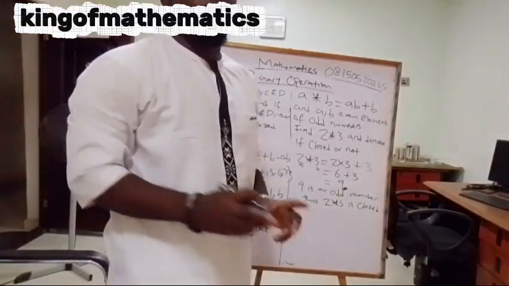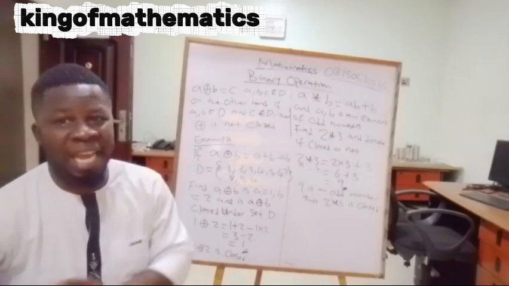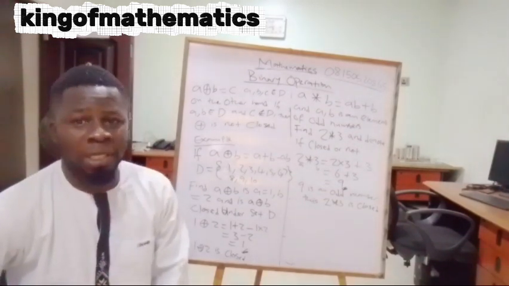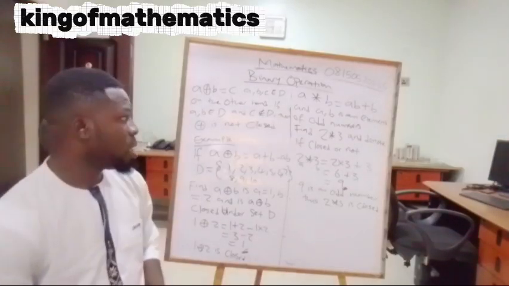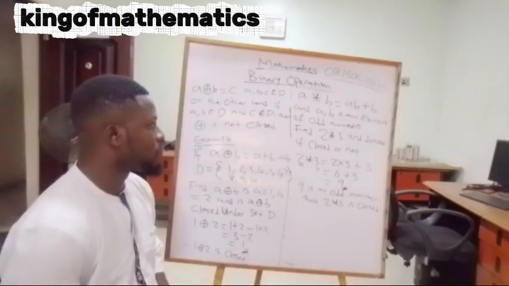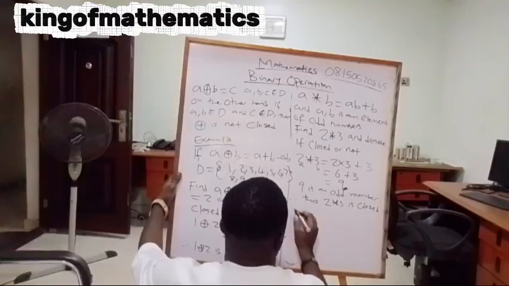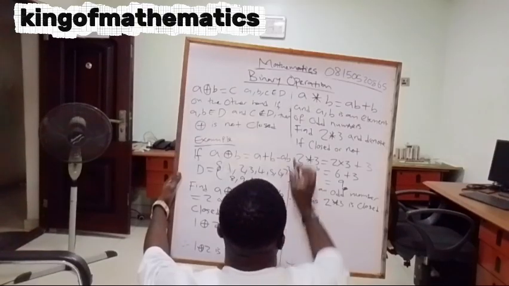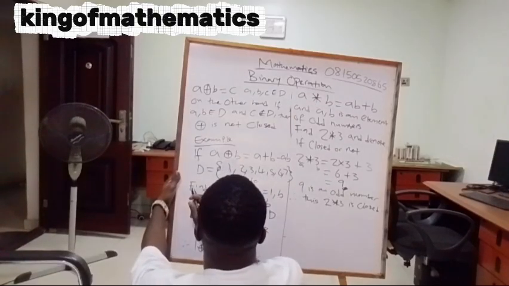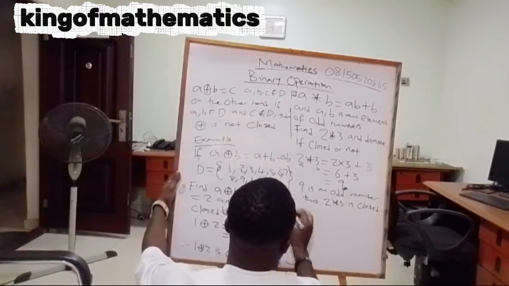The last example I'm going to give you now is something that is not closed, so that you will not feel that it's all the time that you get something that is closed. So let's have this one. So this is 1, this is 2, let's say 3.